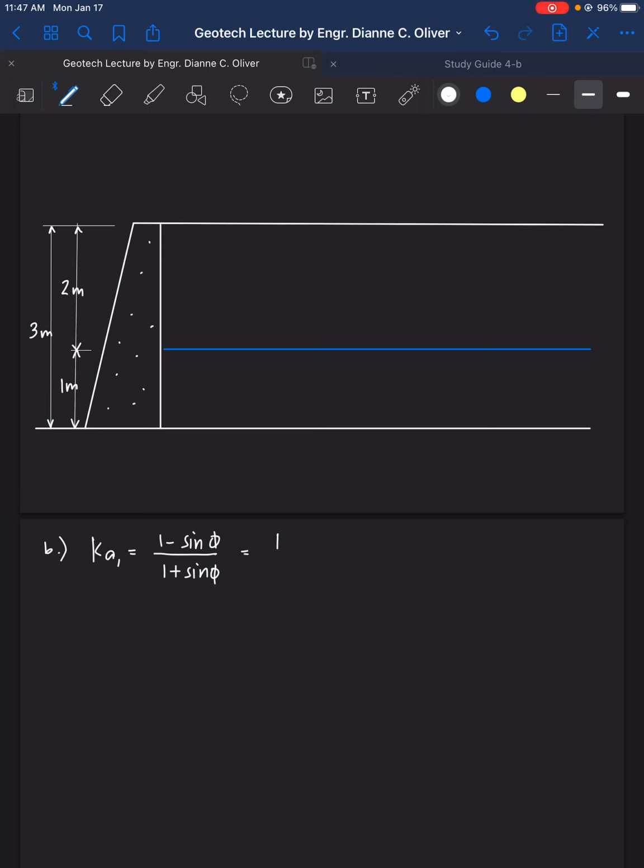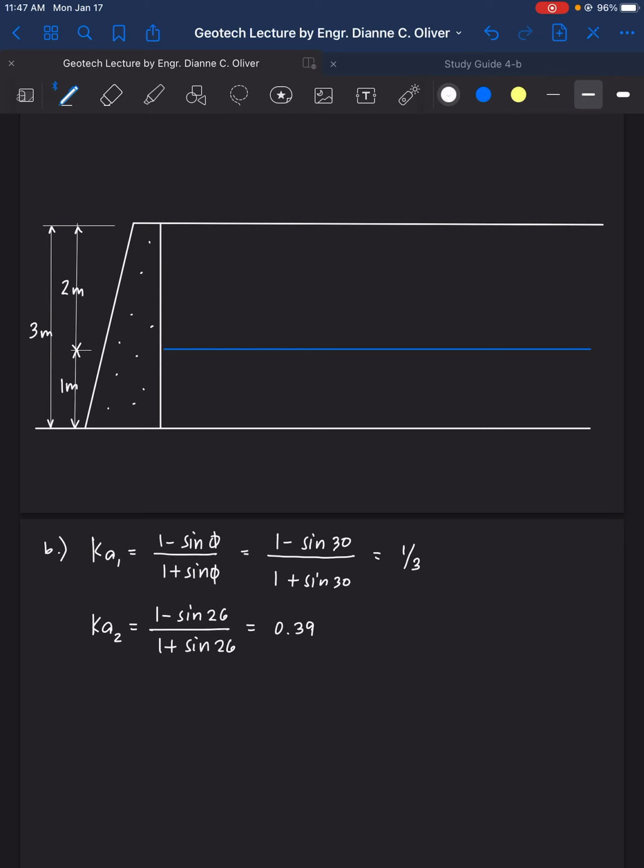That is equal to 1 minus sine 30 all over 1 plus sine of 30. That is equal to 1/3. Now let's go to K A sub 2. 1 minus sine of 26 all over 1 plus sine of 26. That is equal to 0.39.